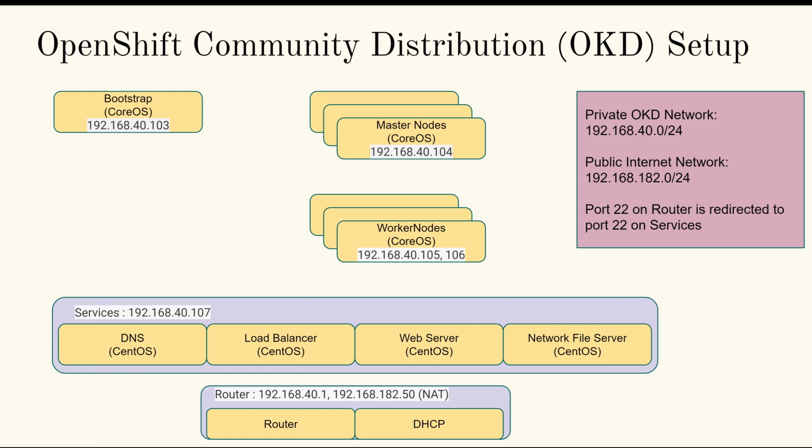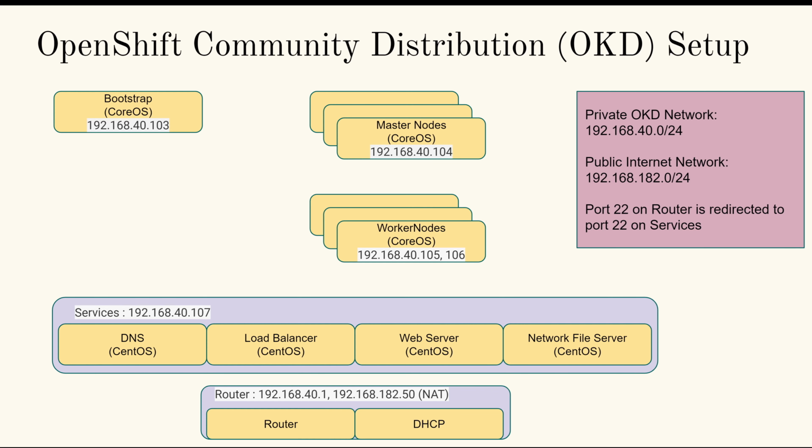So all these systems are under a private network, and it is the 192.168.40 network. But my public network is different. It is the 192.168.182 network.